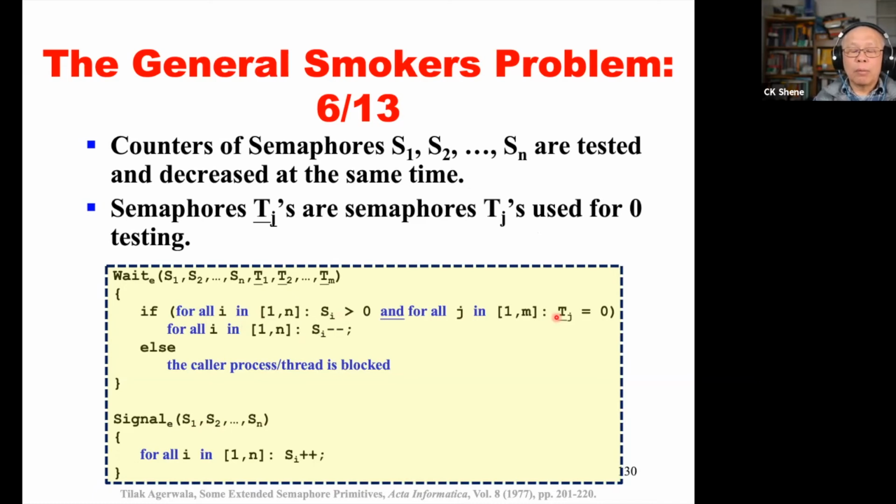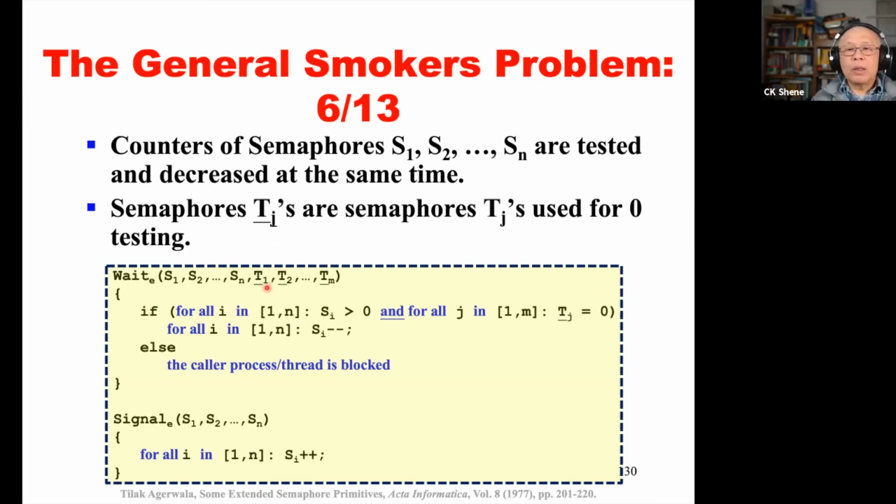In other words, the execution of wait E and signal E are atomic. So when a call to wait E is being executed, no other process will be successfully executing wait E, and so on, just like what we talked about for the wait call and signal calls.